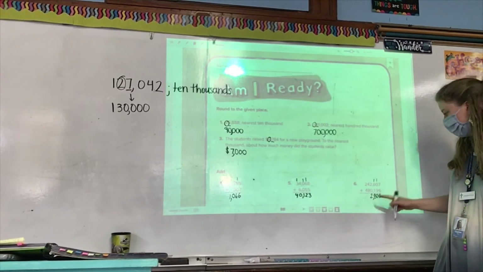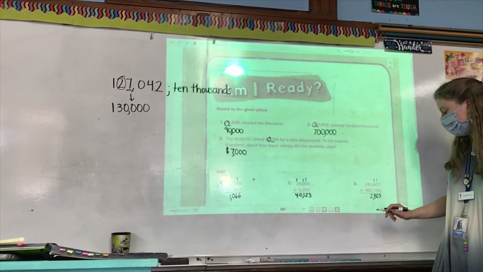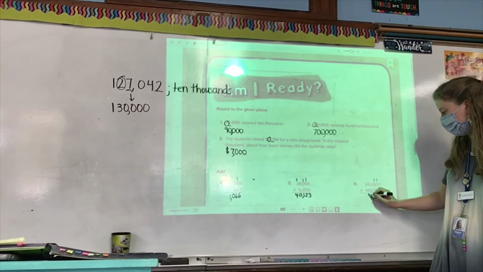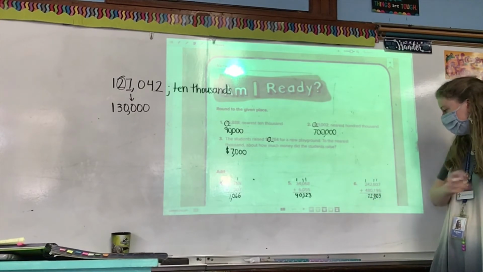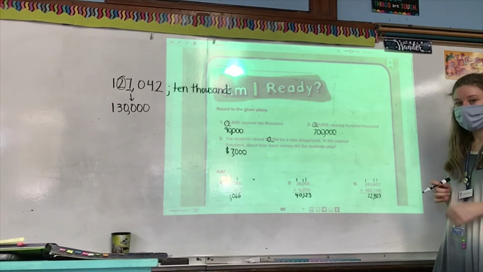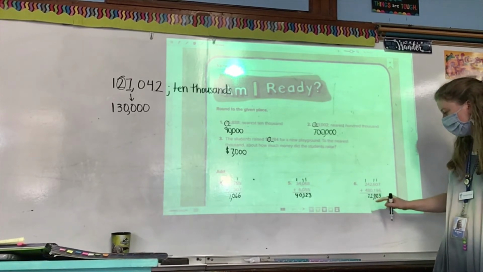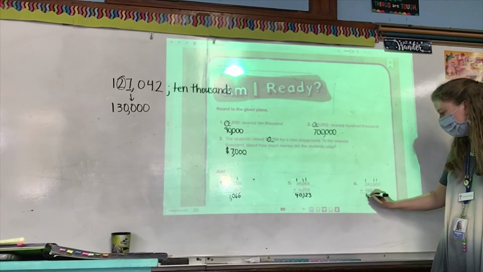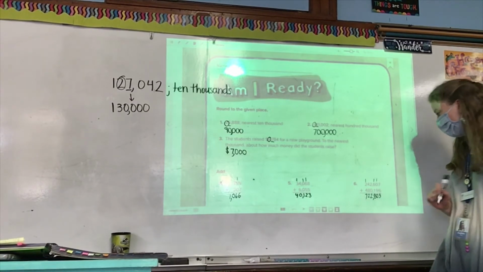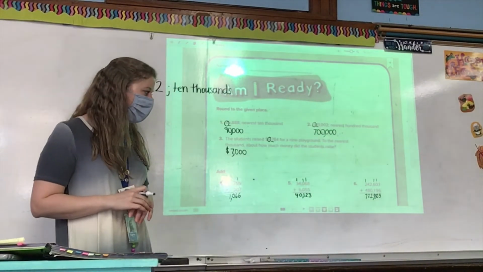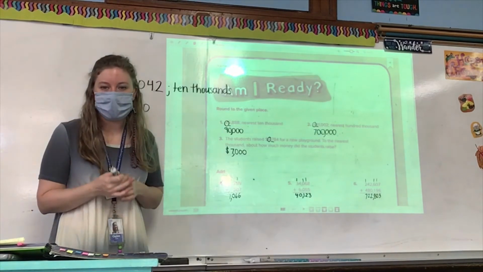Add the 10,000s. 4 plus 8 is 12, but we can't write 12 in the 10,000s place, so we leave the 2 and we regroup the 1 to the 100,000s place. Step 6. Add the 100,000s. 2 plus 4 is 6, plus our regrouped 1, 7. So 242,607 plus 480,196 is what, Smith?